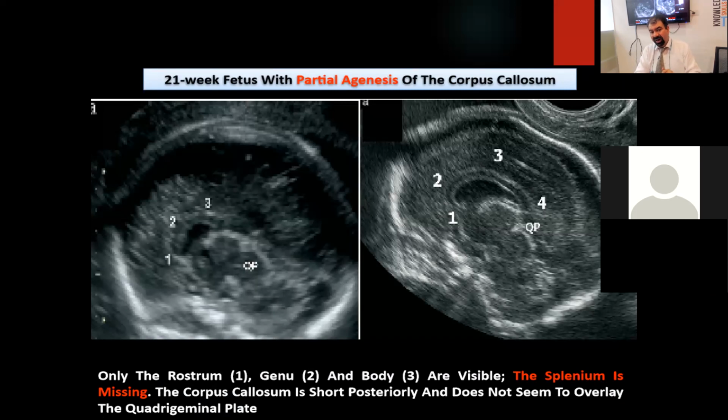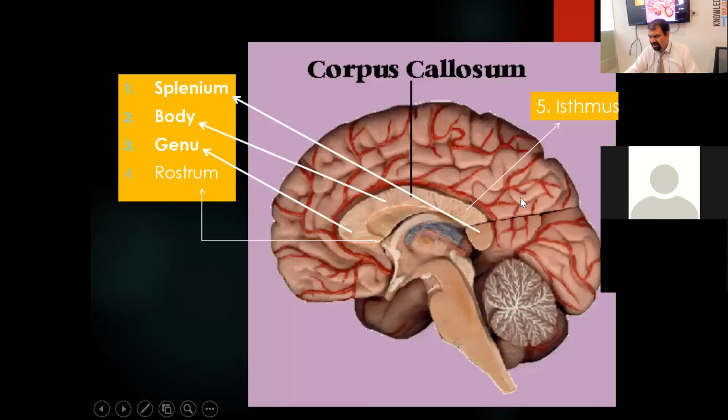What I mean by partially, I will explain. If there is a complete pericallosal artery, it means that you have a corpus callosum. But what if I have a partial agenesis? I will see the pericallosal artery from the first point, maybe up to the third point, but no way on the fourth point, because the fourth part will be missing over here.